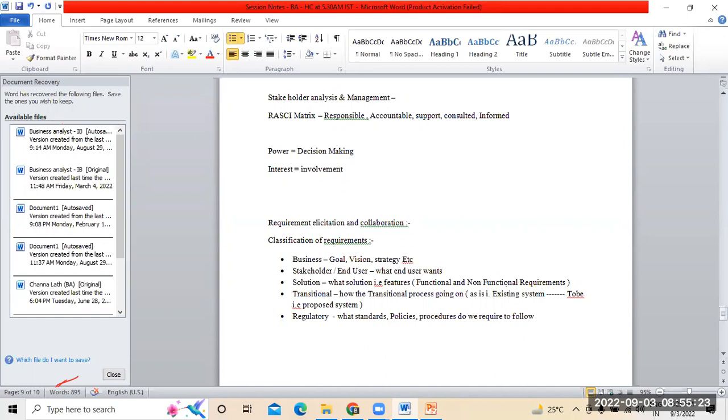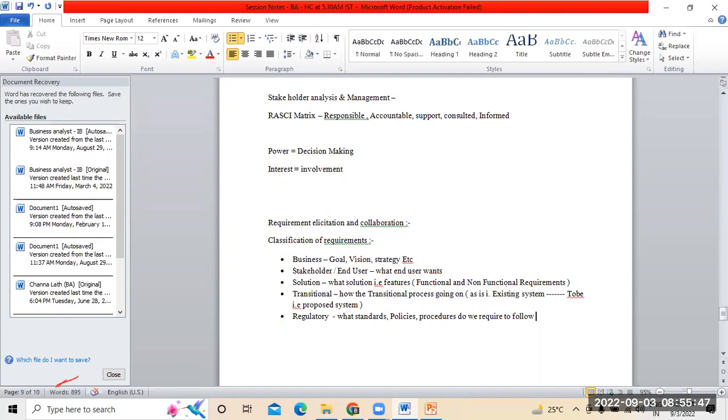So when you are interacting with stakeholders as part of requirement gathering and collaboration, we have to classify, and we will know about the requirements classification here, how you need to classify the requirements at a high level. Business requirements always connect with business goal, vision, strategy.